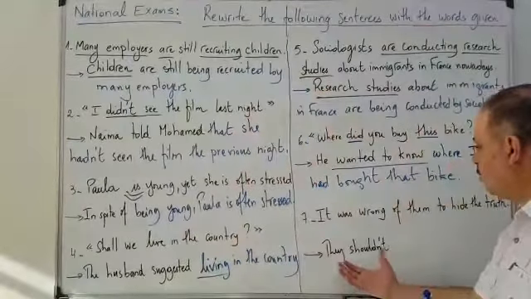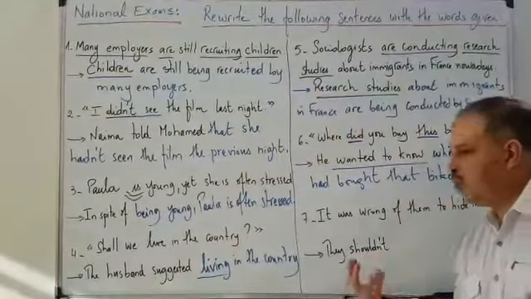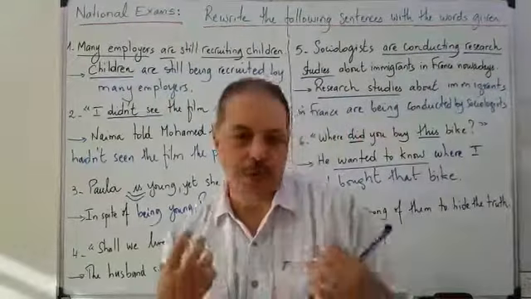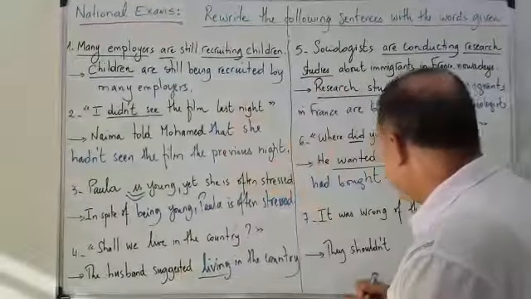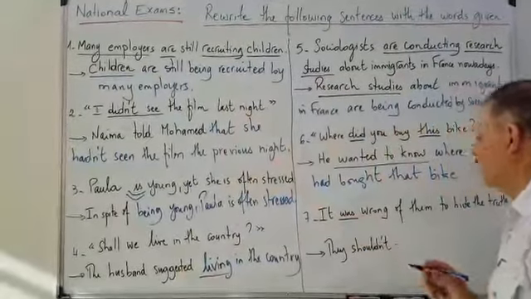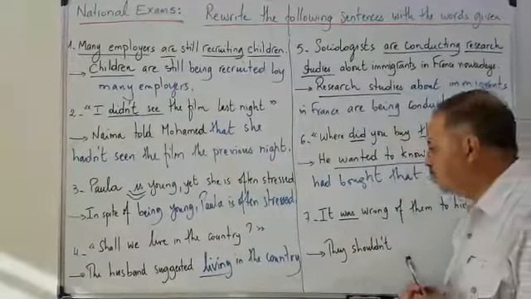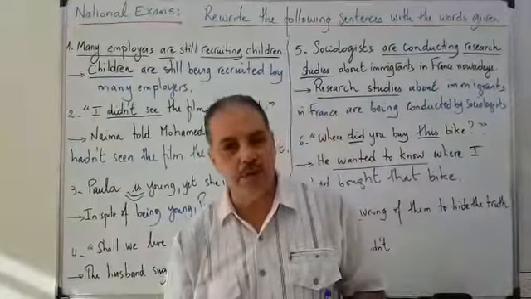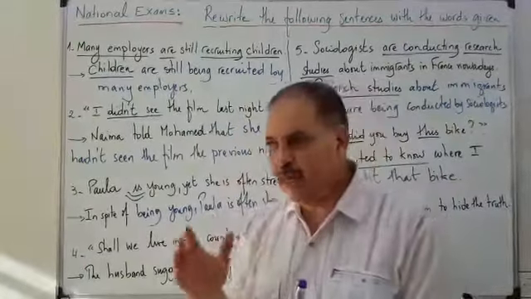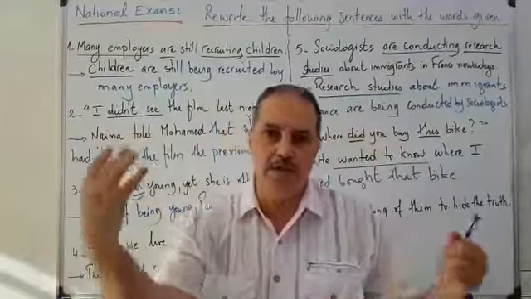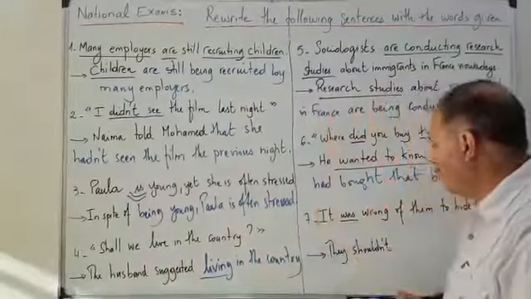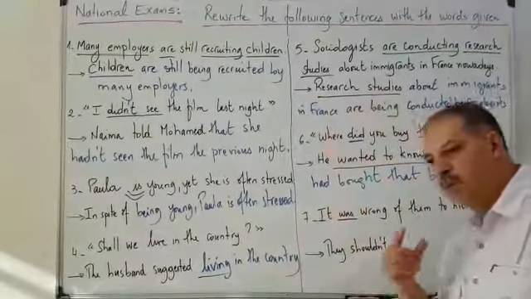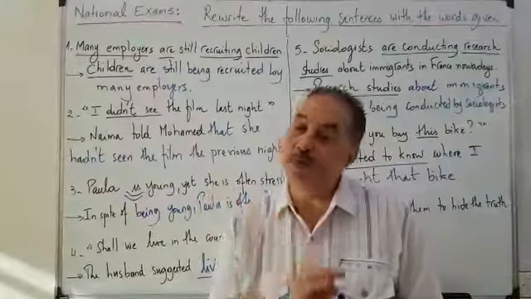So we are now here. They ask us to begin with: They shouldn't. And should is a modal which is used to give advice, but the context is in the past. Remember the lesson about modals, present modal and past modal. I said that if the context is in the past, we need a past modal, and some past modals are formed with the modal plus have plus past participle.